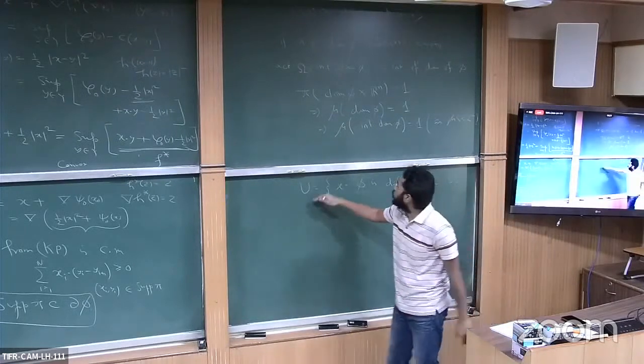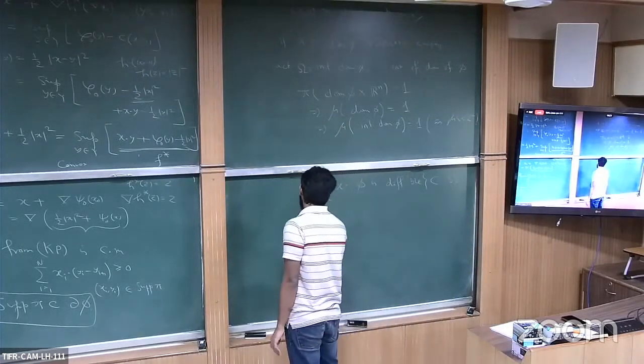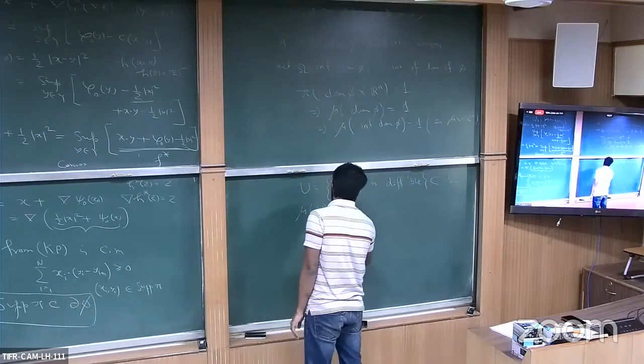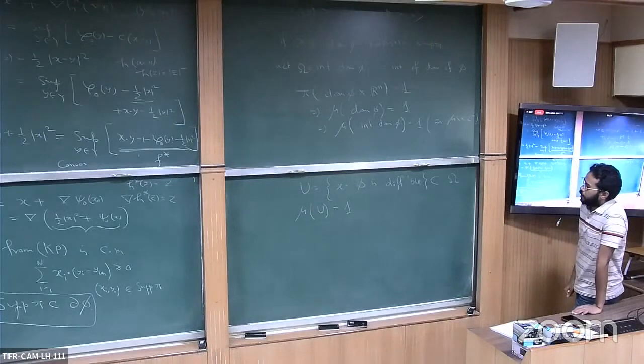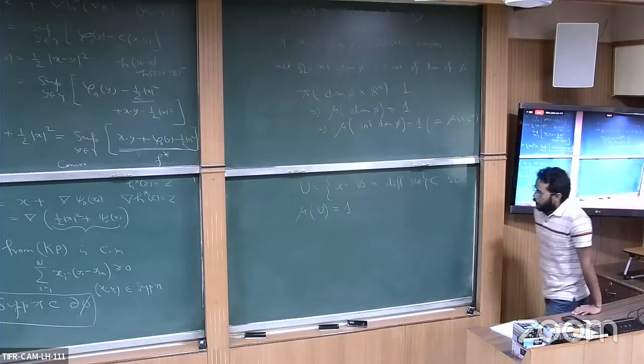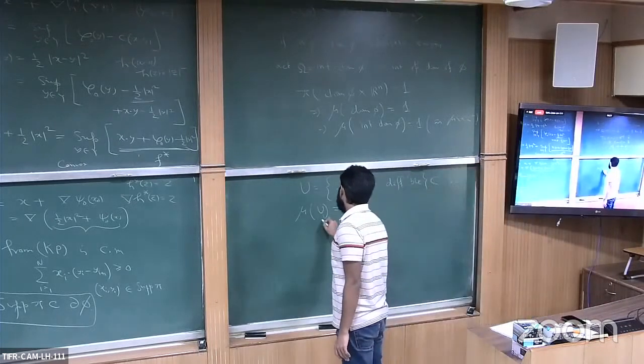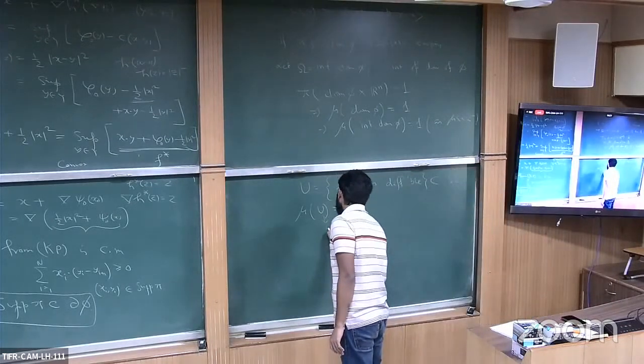So this U has full mu measure. We are just narrowing down case by case, excluding all the bad sets. Here again, this is the set of points of differentiability, and of course this is a Borel set.